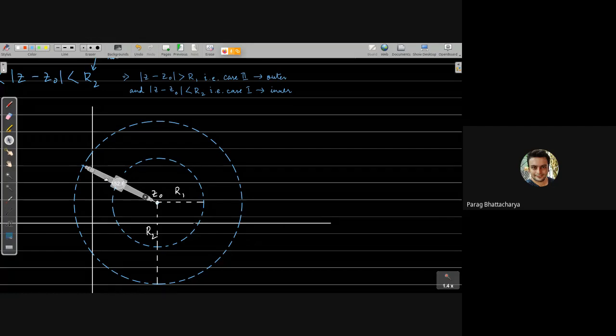Outside of R1, this is R1, so all the points outside this one.